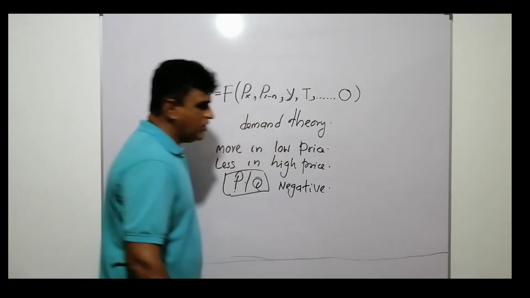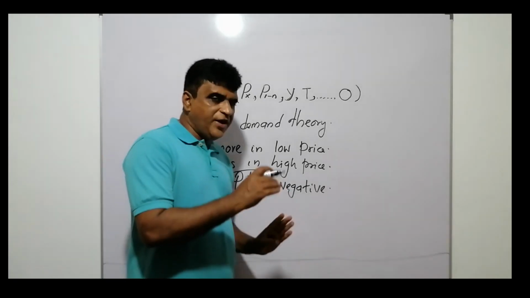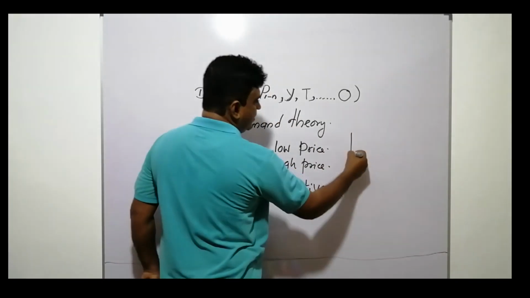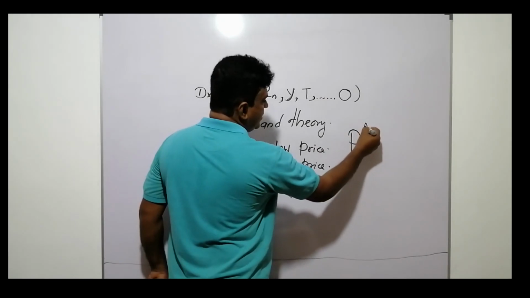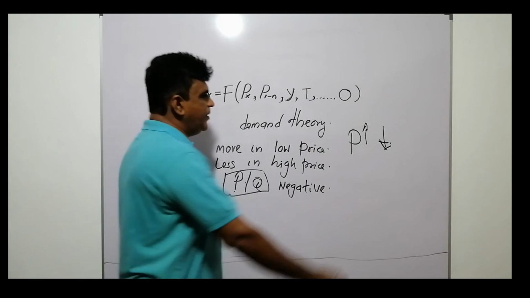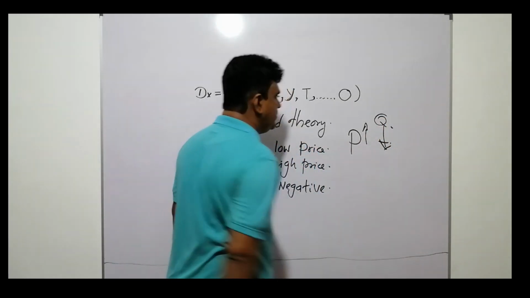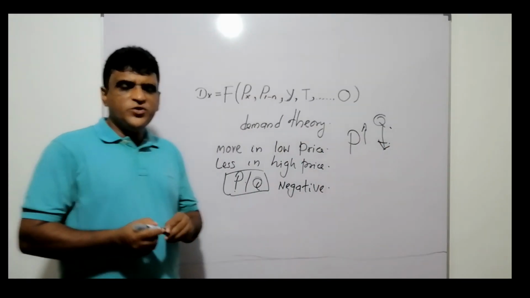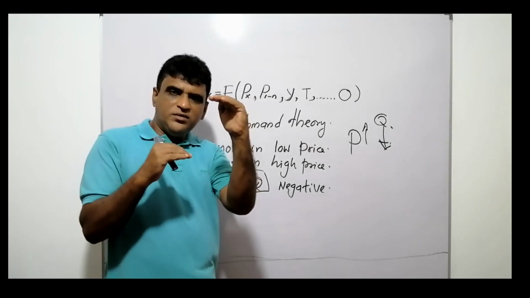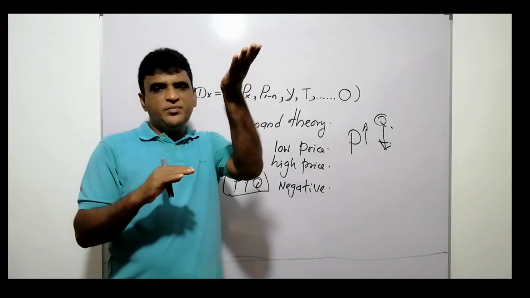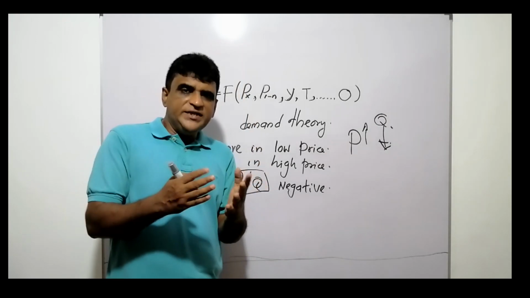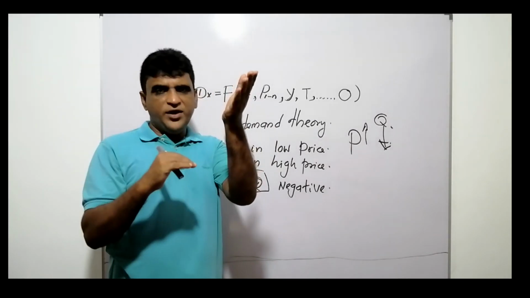Why? One variable goes up, the other one goes down. When price is going up, quantity is going down.